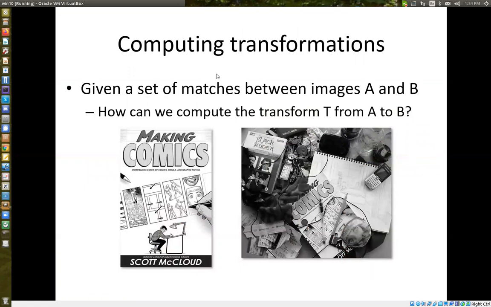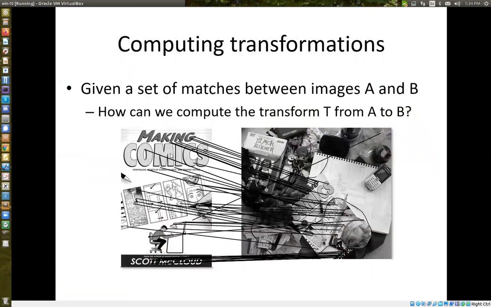Okay, from what we discussed earlier, we are able to find matching points, right? We have some key points and descriptors, and then we determine the matches. Maybe these can be the matches here.